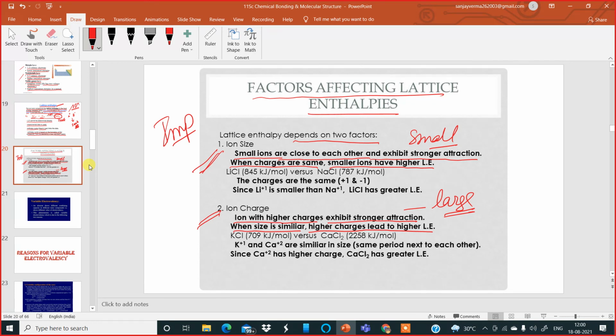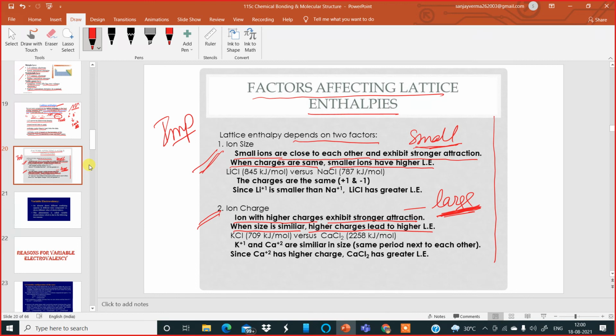So in short, the factors affecting lattice enthalpy are small ions having larger charges, which favor high lattice enthalpy, resulting in the favorable formation of ionic compounds.